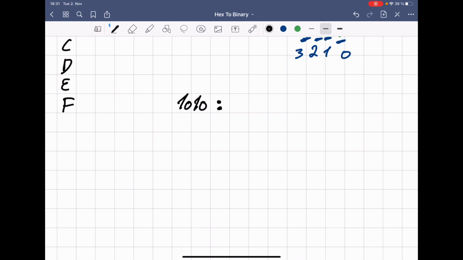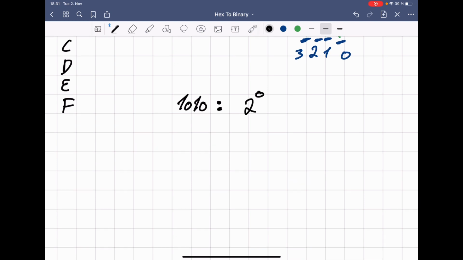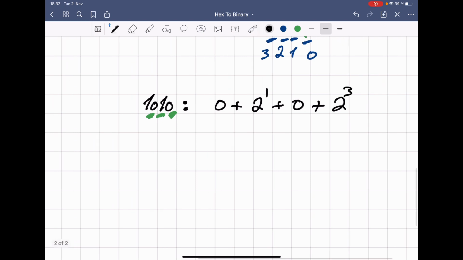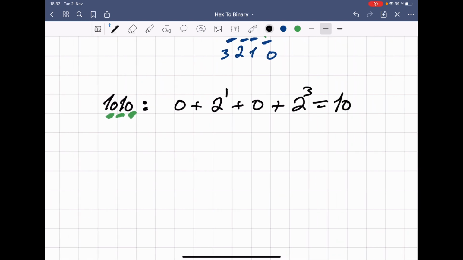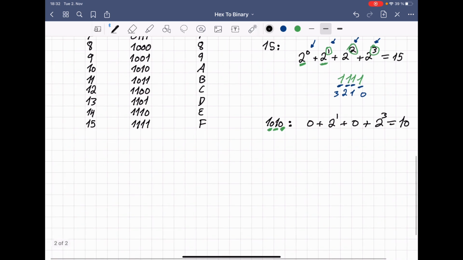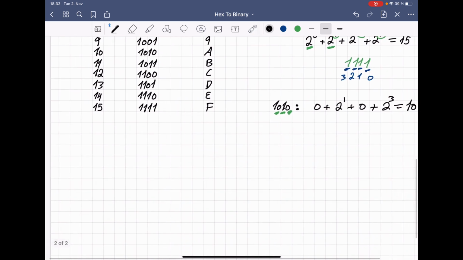So to convert this number, which we assume we don't know, is 2 to the power of 0, which is 0, plus 2 to the power of 1, since this is the first place and this is the 0th place, and then we add plus 0, since the second place is a 0 and we don't have a 1, and then we add 2 to the power of 3, which is equal to 10 in total.